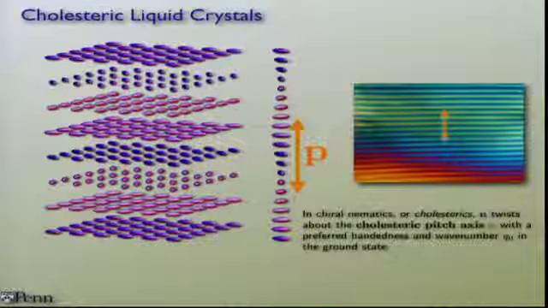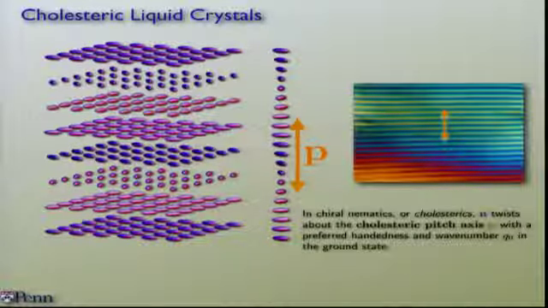I'll just remind you, cholesterics don't have dislocations. You know that, right? How can they have a dislocation? They have no translational order. A dislocation only can be when you walk around and you think that you know which floor in the building you're on. But a cholesteric doesn't have floors. It's completely homogeneous.